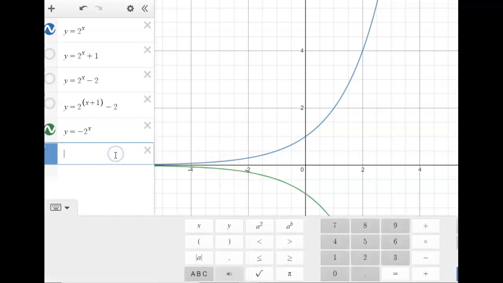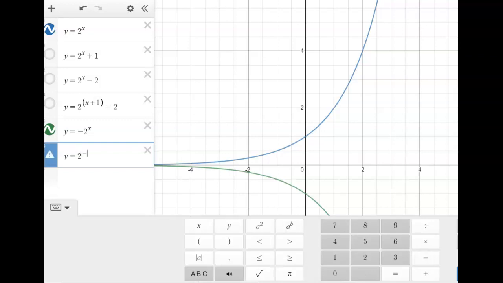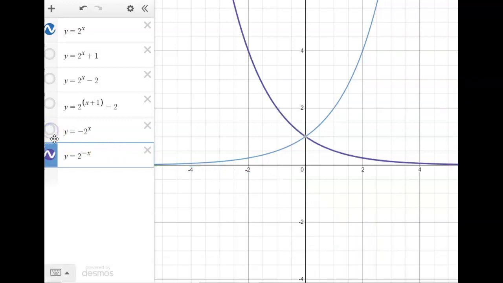x-axis. Now, if we want to have a reflection across the y-axis, then the negative will be within the exponent like that. And let me get rid of this one in green. So blue is parent function, purple is reflection across the y-axis. So you could see here how they will look.